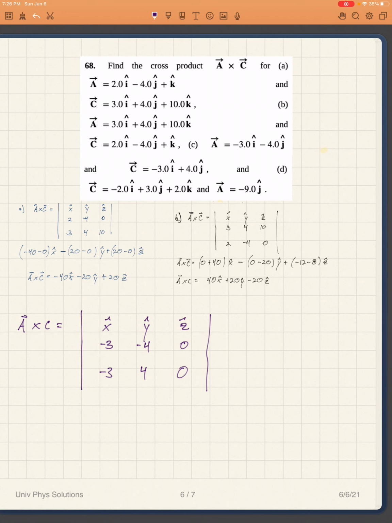Alright, well, that just becomes 0 minus 0. That's your 0 in the x direction, minus 0 minus 0, which is 0 in the y direction, plus -12 minus -12.